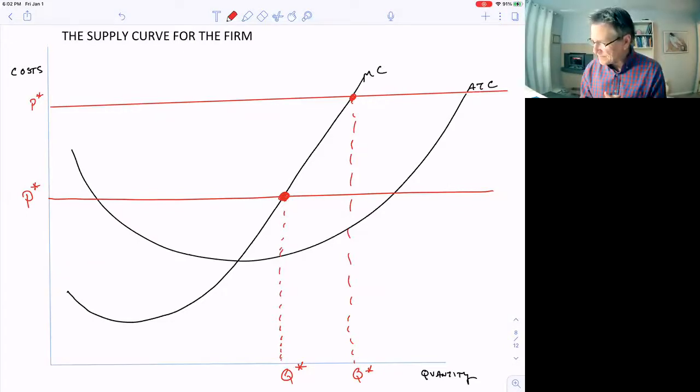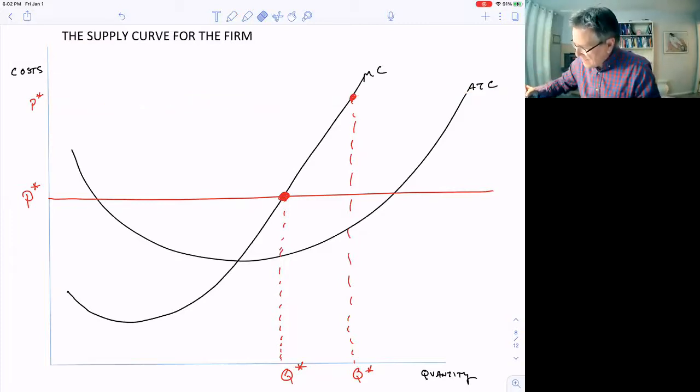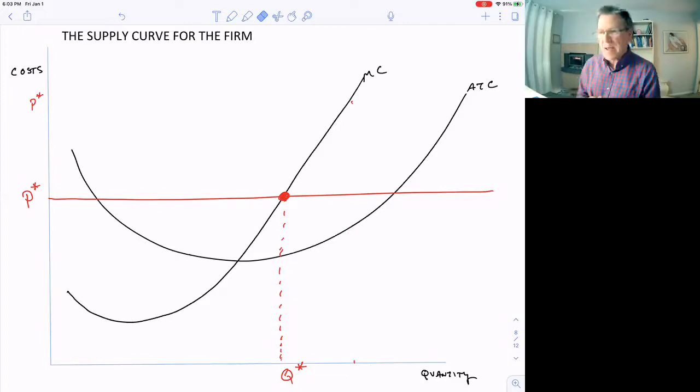also. Now, what happens if this price drops down significantly lower to the point where the Q star now might be a loss? So let's say now P star drops down here.